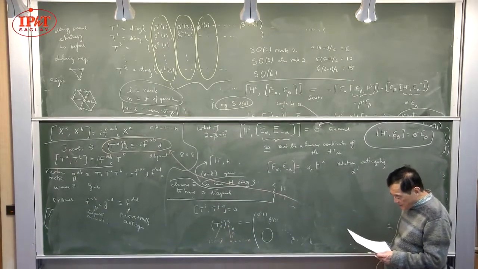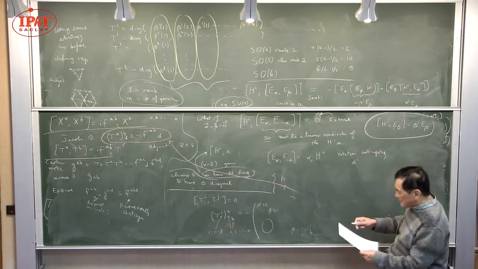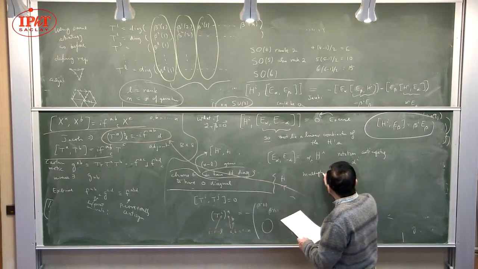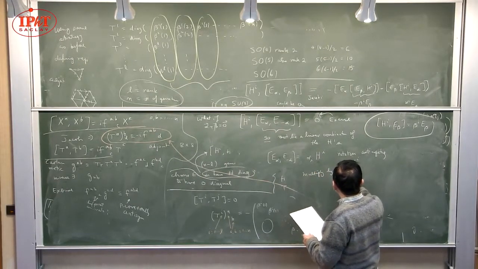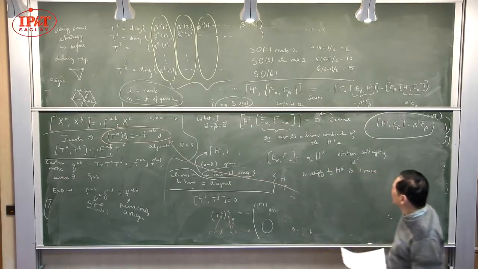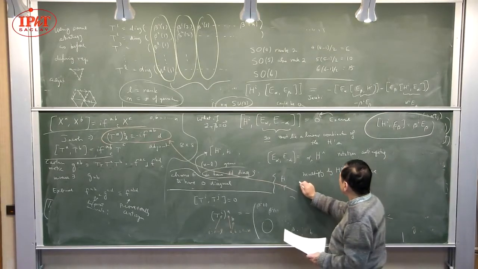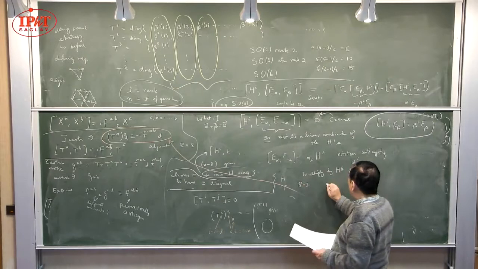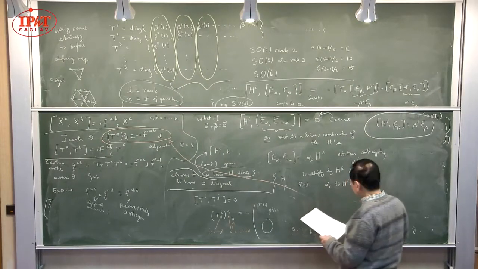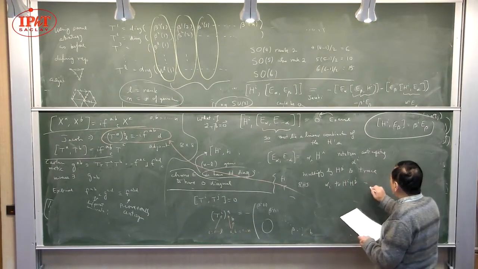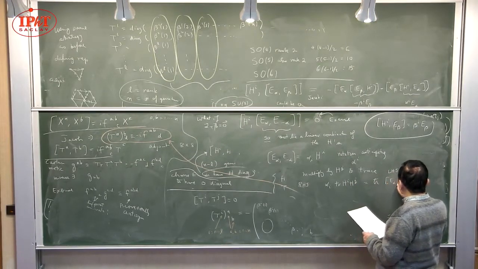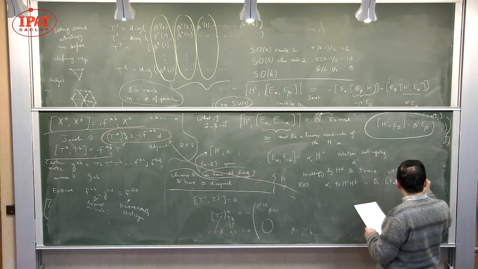Now how do we prove this? To prove this, we're going to multiply by Hj and take the trace. Okay, and I'll do it for you. The right hand side becomes alpha I trace Hi Hj, and the left hand side becomes the trace of E alpha E minus alpha Hj.